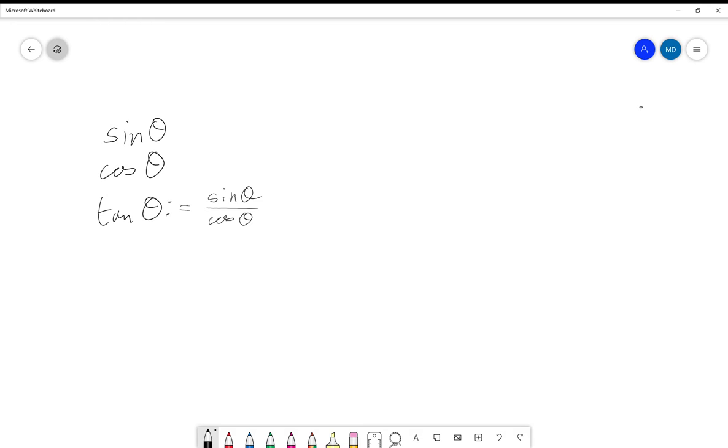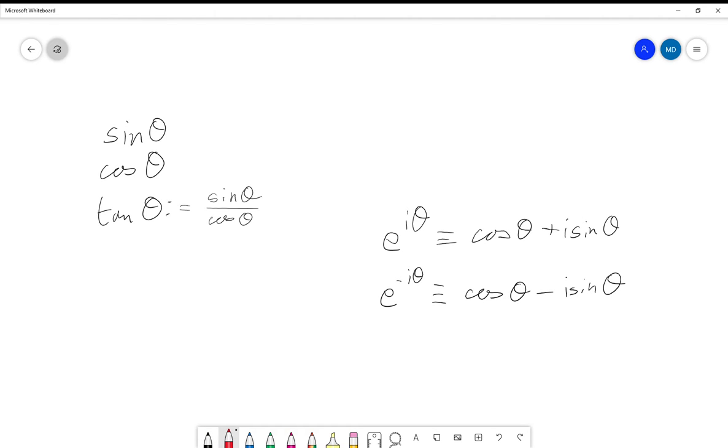Because one thing we know is that e to the i theta is identical to cosine theta plus i sine theta. And a derivation of that is that e to the minus i theta is identical to cosine theta subtract i sine theta.